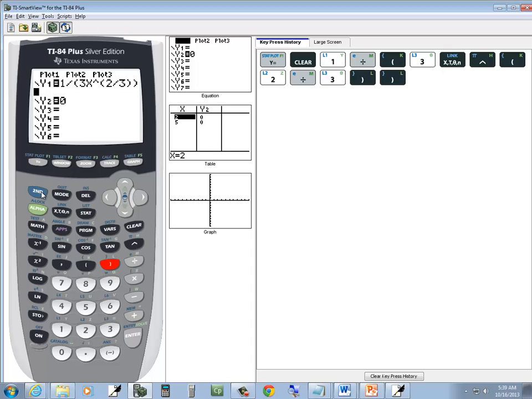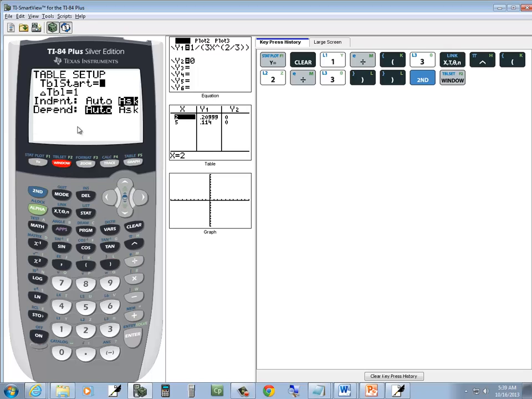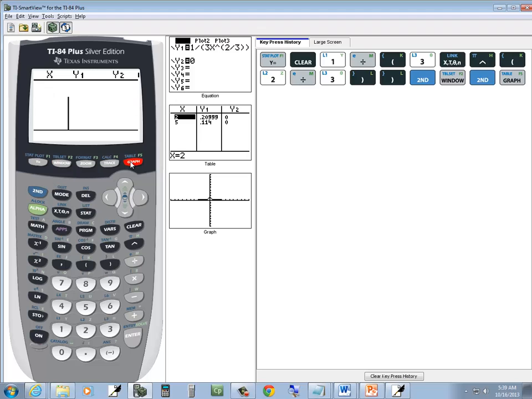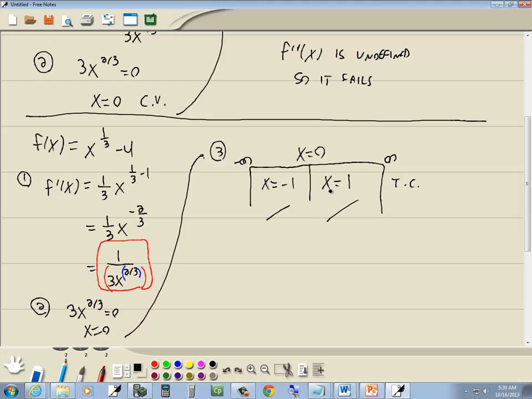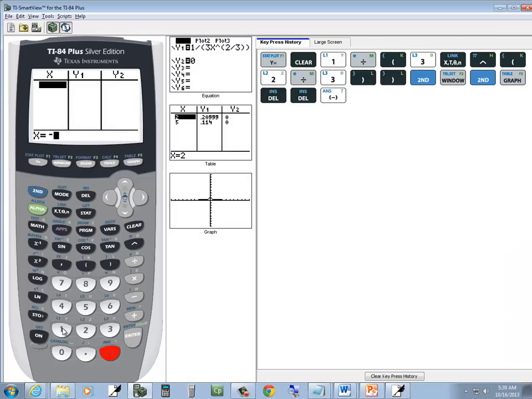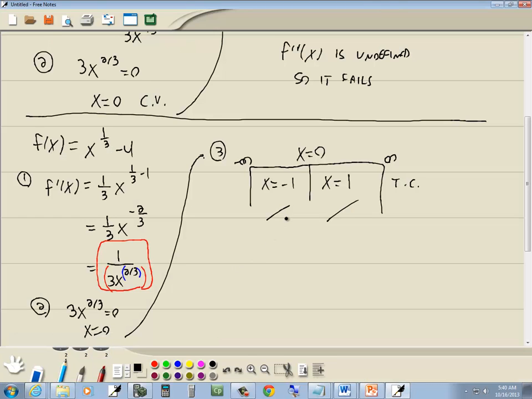Now you want to go to your table setup, so do second window. You want your independent variable to say Ask. If it doesn't say Ask, down arrow to that line, right arrow, put your flashing cursor on Ask, and press enter 1 time. Then you go to second graph, table, and put in my 2 test values, negative 1 and 1. Negative 1 enter, 1 enter. You see they both give me a positive, which means these are both increasing.